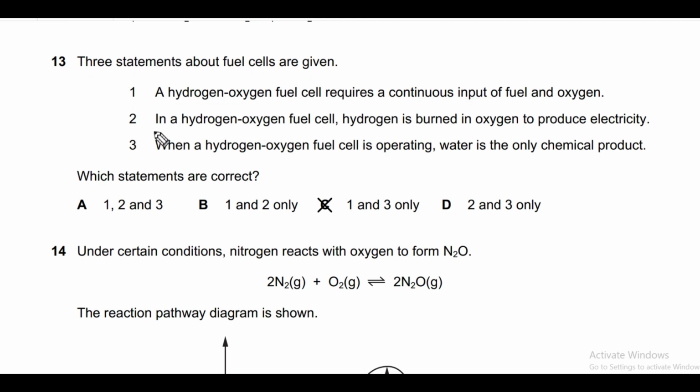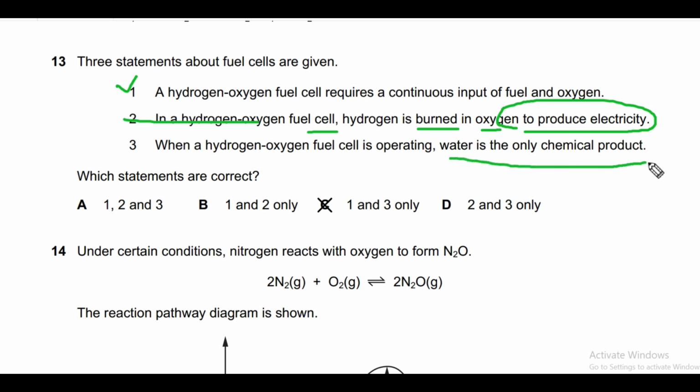And number 2: in a hydrogen oxygen fuel cell, hydrogen is burned in oxygen to produce electricity. No, this is wrong. Not to produce electricity. This is wrong.